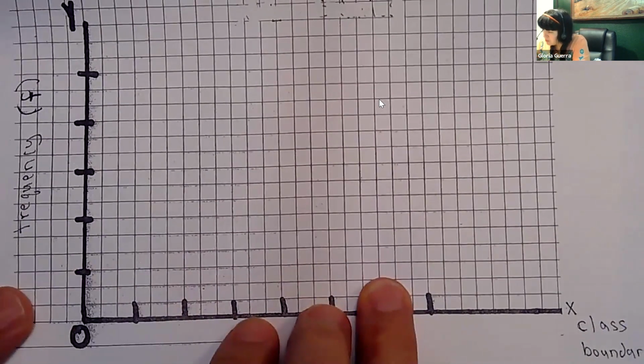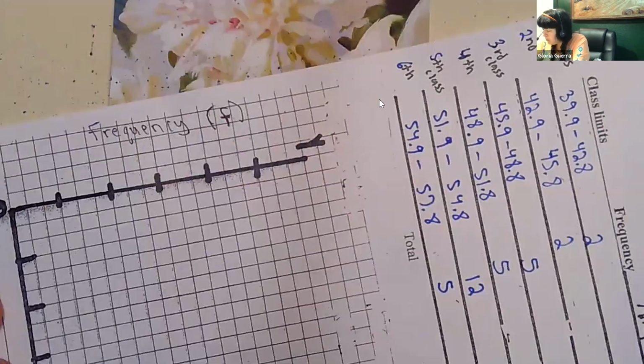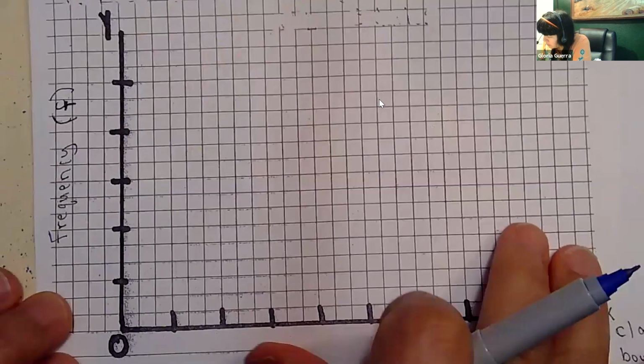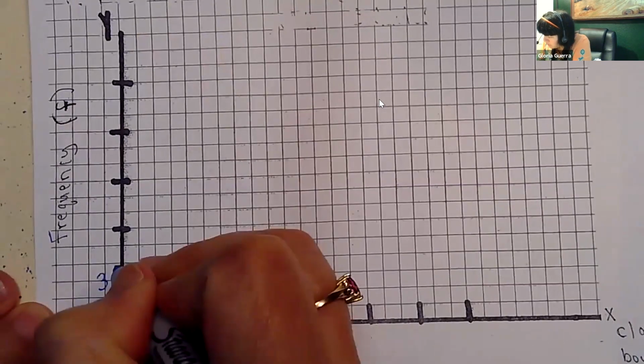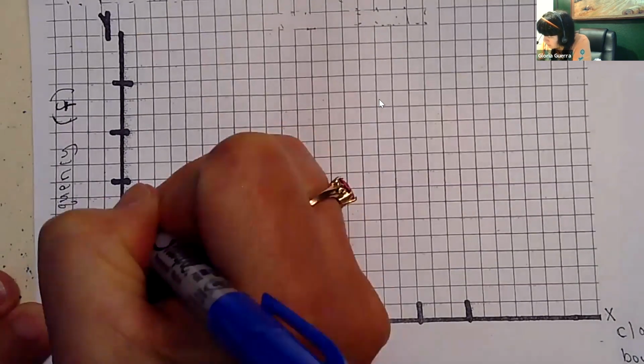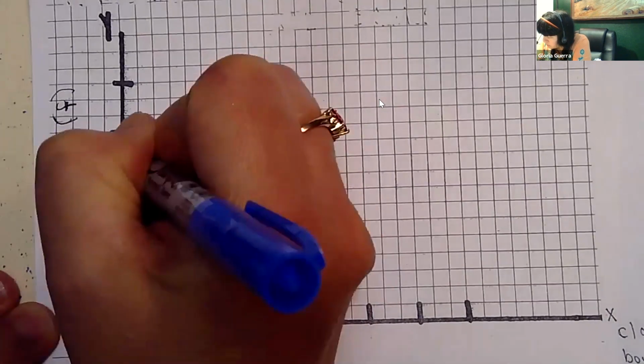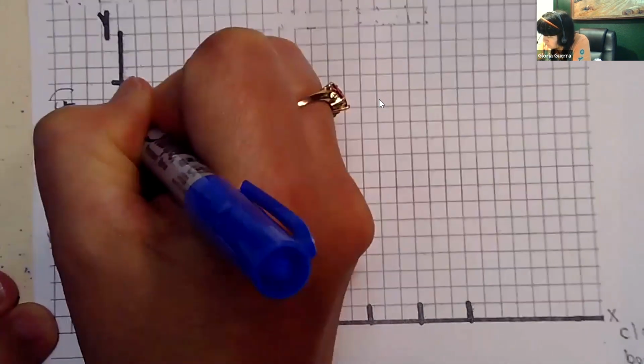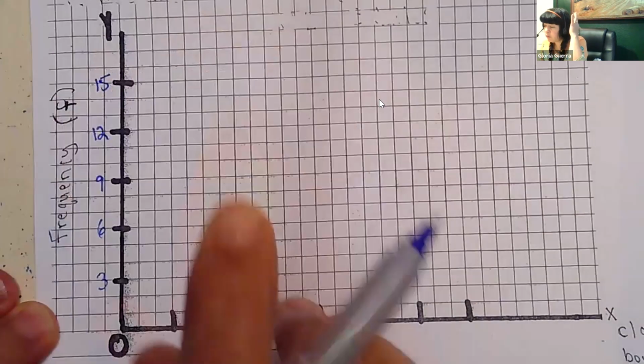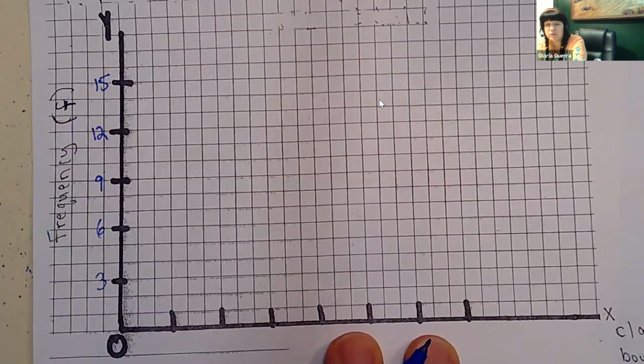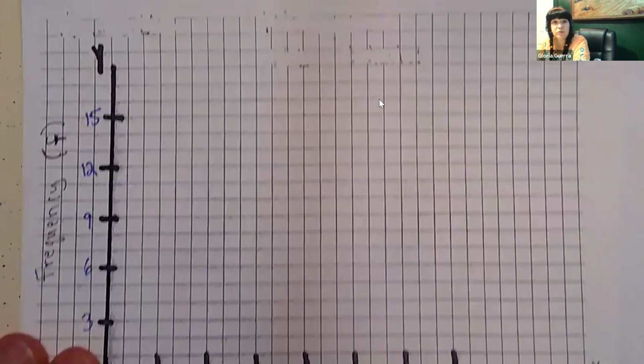On the side is F for your frequency. If I were to count these as 1, 2, 3, 4, 5, 6, 7, 8, 9, 10, 11, 12, 13, 14, 15, you see I stopped there because remember the highest frequency at the top was 12.